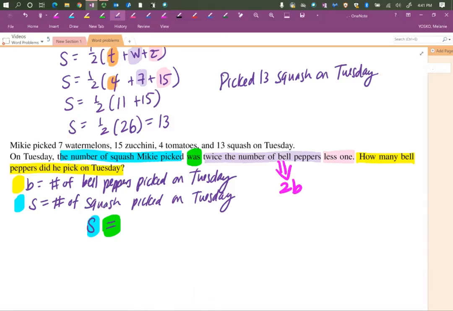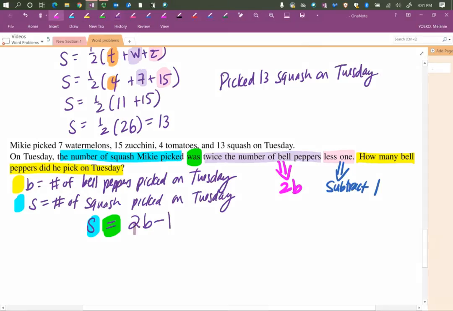Okay, then what does less 1 mean? Less 1 means we're going to subtract 1. So, the number of squash, S, was equals twice the number of bell peppers, 2B, less 1, subtract 1.